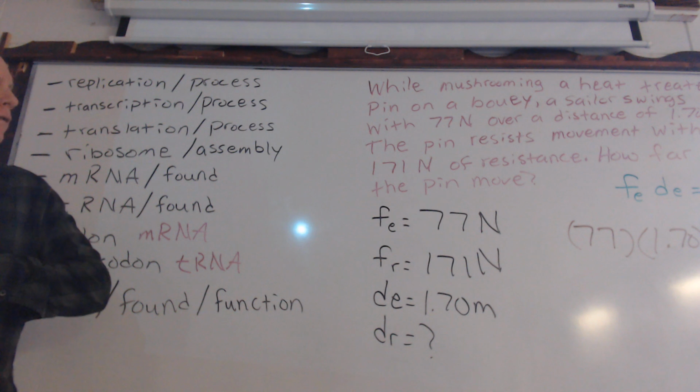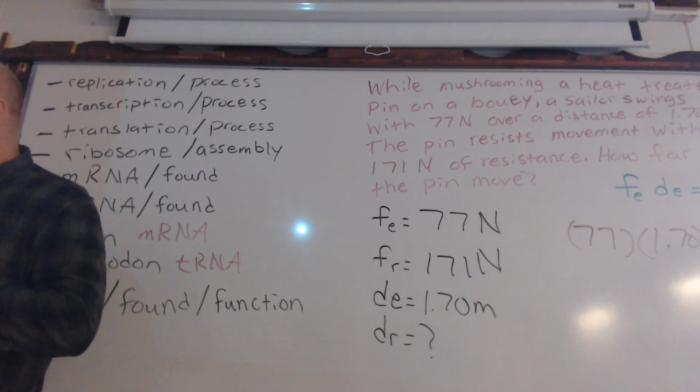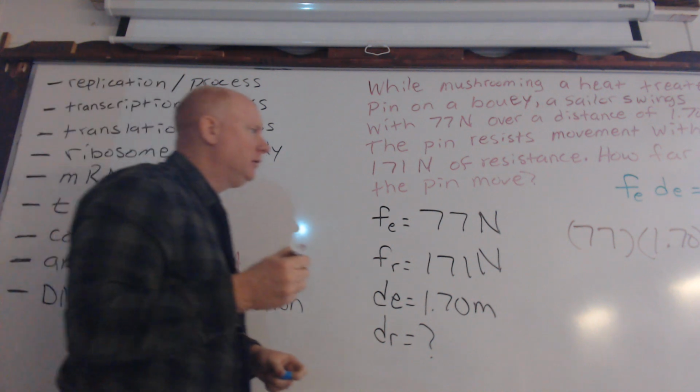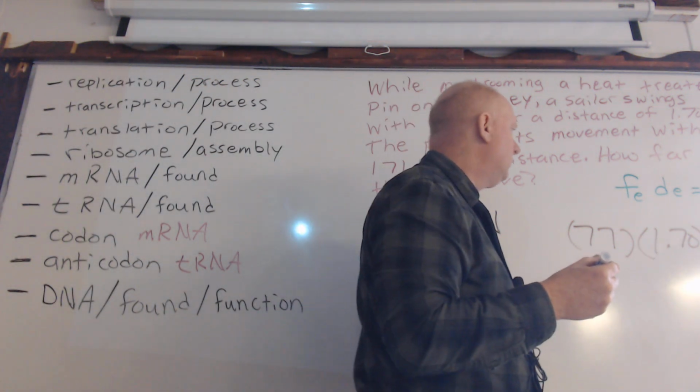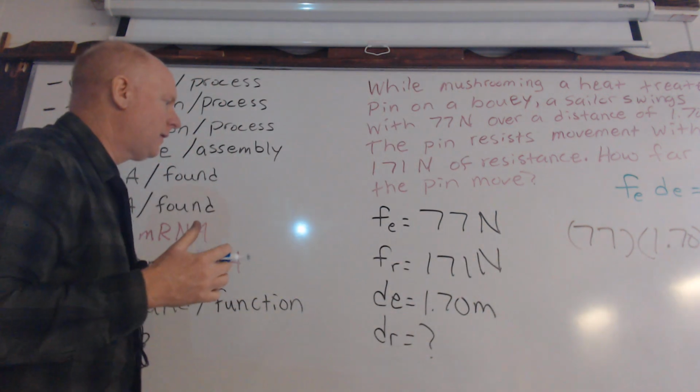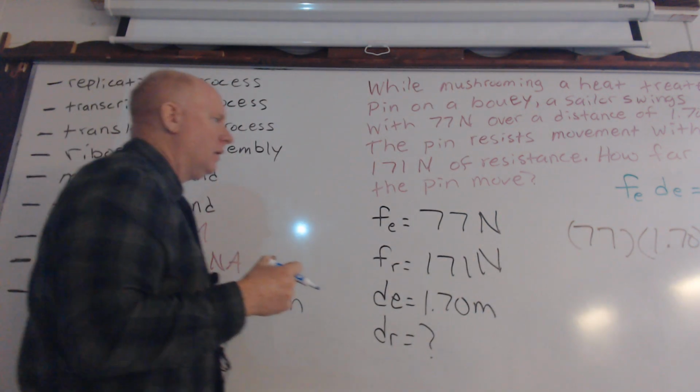Okay? So the formula tells you to take 77 times 1.70 equals 171 times the distance resistance. 130.9. Okay? 130.9.